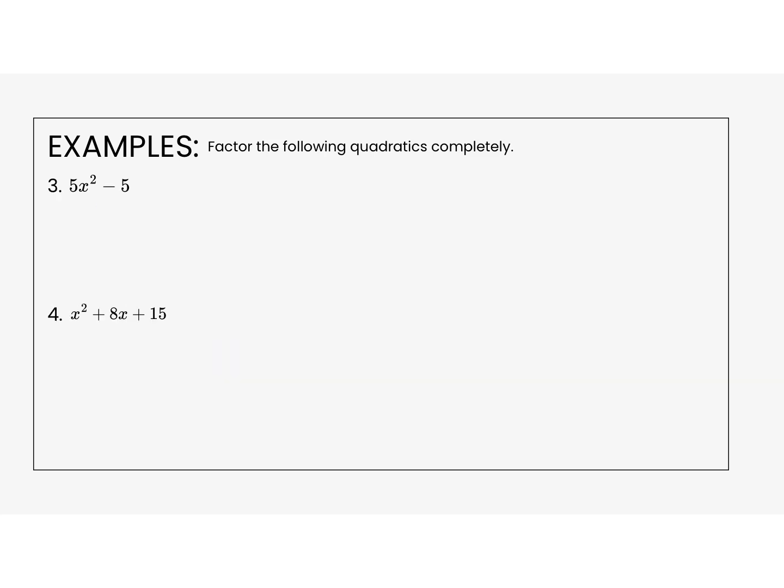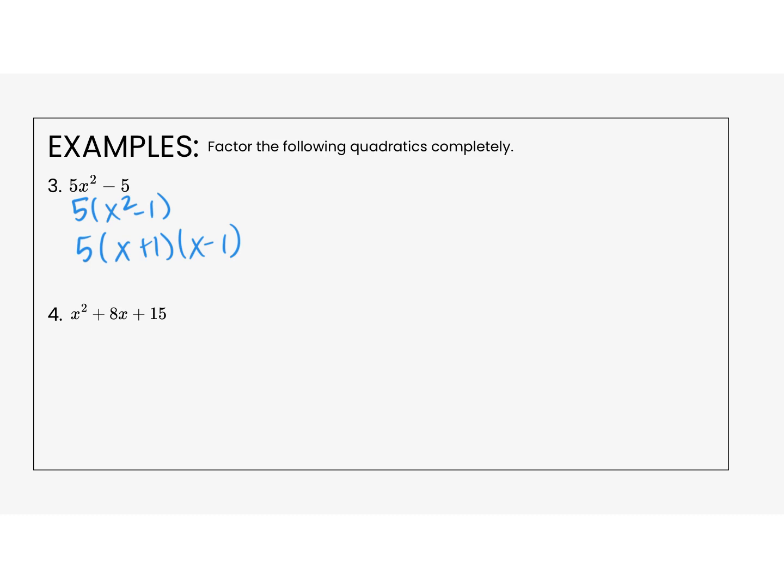Now, number 3 has camouflaged itself a little bit, but remember we said we always need to start with GCF if possible. So if I look at that, I see both of those terms have a 5, so I'm going to factor out that 5 first, and then I'm left with x squared minus 1, which puts us right back into difference of squares. So I get 5 times x plus 1, x minus 1. Okay? Number 4, now we're in trinomials.